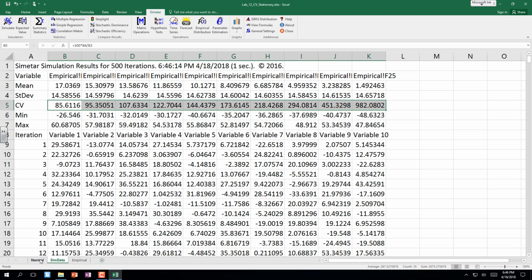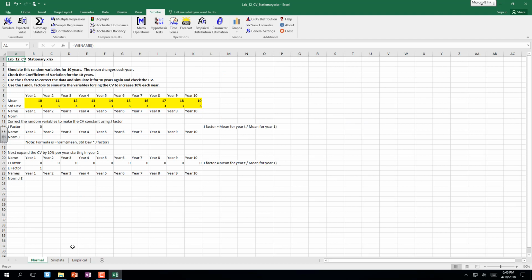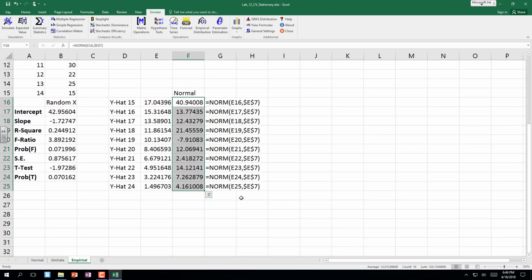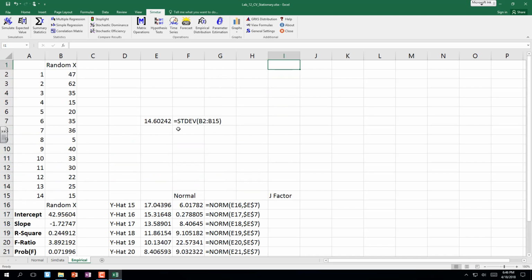That's fairly bad. Now, what we can do is we could calculate a J factor. And for the J factor, I need an average from history. So equal average, highlight those numbers.